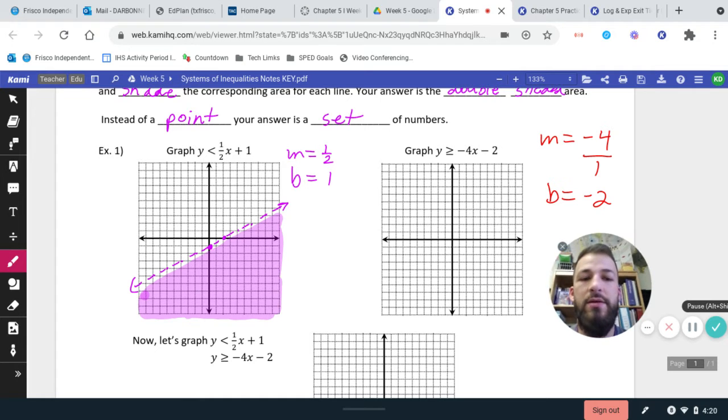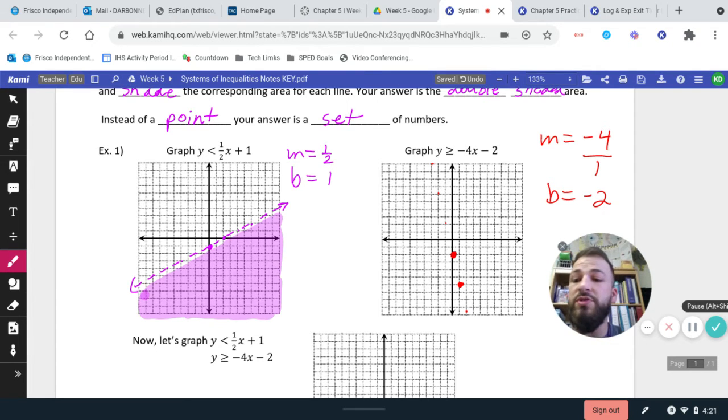Okay, so from here, y-intercept first, so -2. Then we are rising by -4, so that means we're going to go down by 4, 1, 2, 3, 4, and to the right by 1. Same thing in the opposite direction. And I'll put that first point if you can't quite see it.